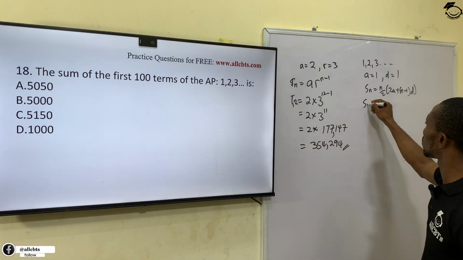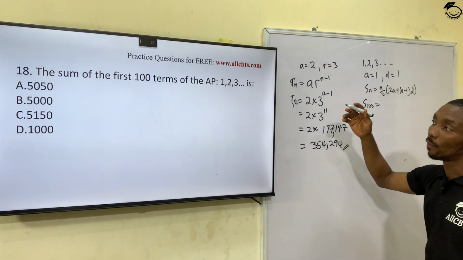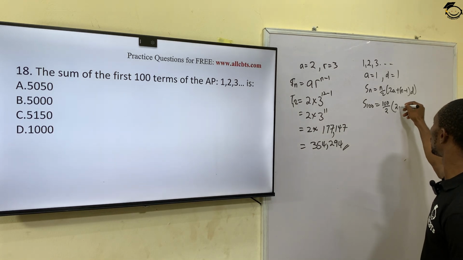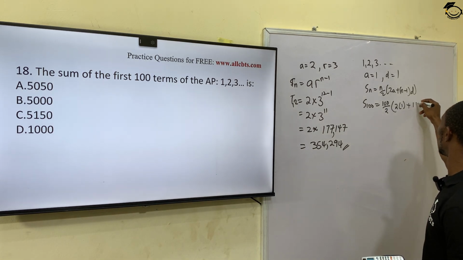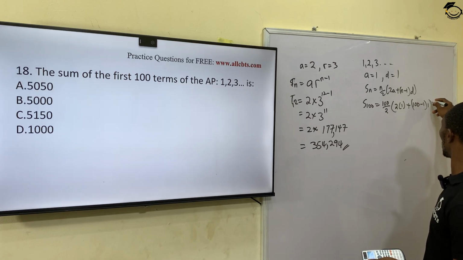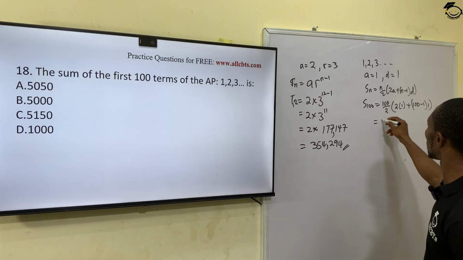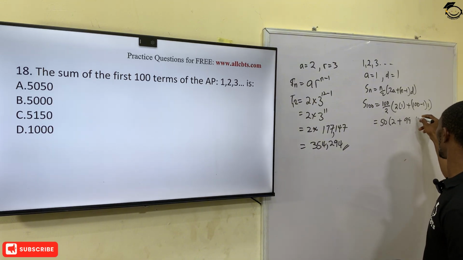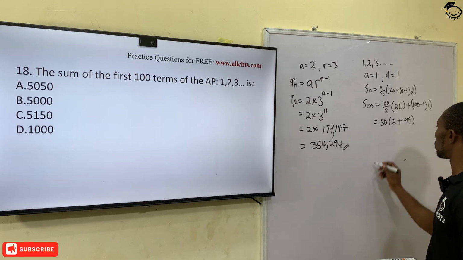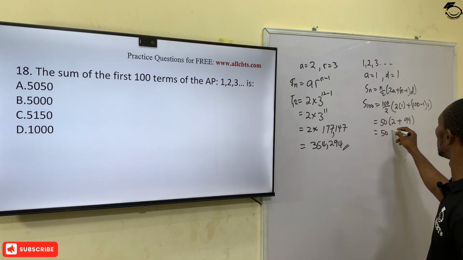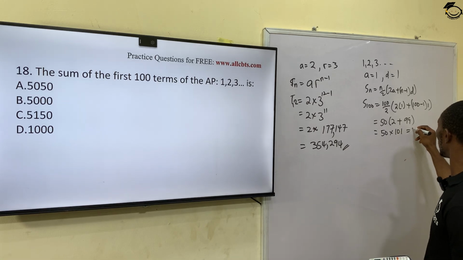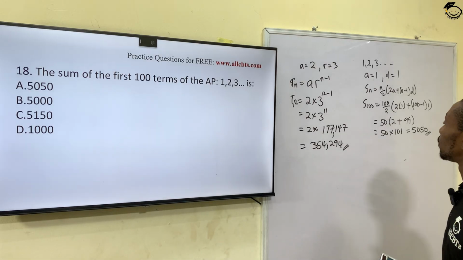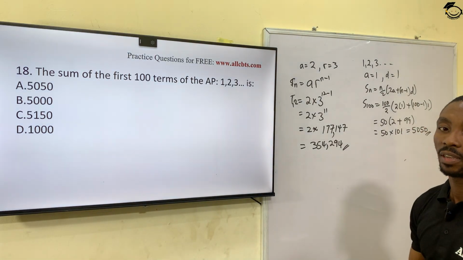So S100 becomes 100 over 2 bracket 2 times 1 plus 100 minus 1 times 1. This will give us 50 bracket 2 plus 99, so 50 times 101, which gives us 5050. All right, so our answer for this would be 5050.